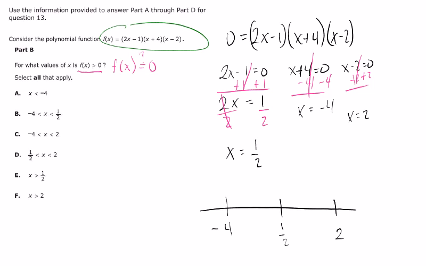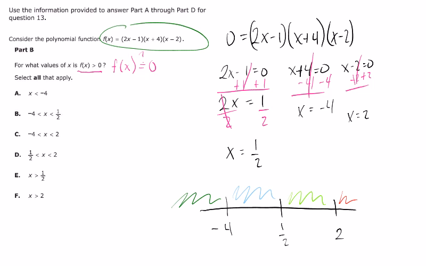Okay. So what I want to do is plug in values to the left of negative 4 and see if they come out positive or negative. Then I'll plug in values between negative 4 and 1/2, then values between 1/2 and 2, then values that are greater than 2.